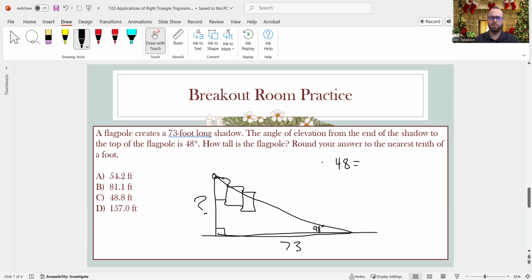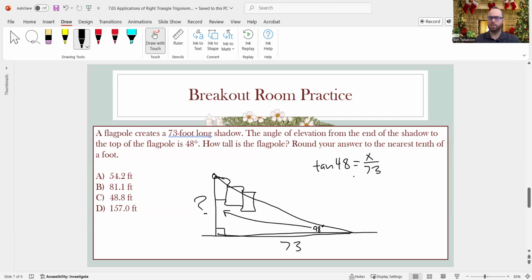So what's really going to work here is tangent, TOA, opposite. That involves our unknown side. I'll just put O for now for opposite. Well, that looks like a 0. So let's just make it an X. Opposite over adjacent, 73.